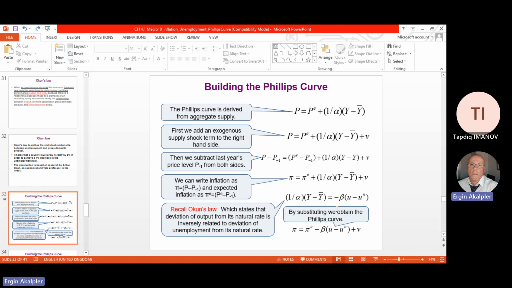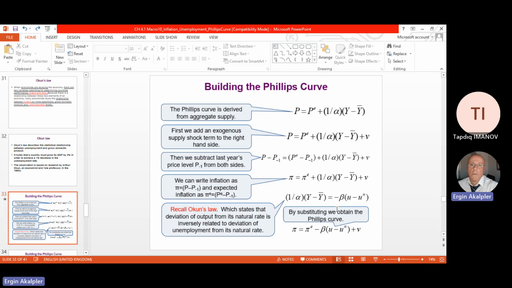As you remember from the beginning of our class, I mentioned this equation where inflation is equal to expected inflation minus beta times the difference between the unemployment rate and the natural rate of unemployment, plus the supply shock.